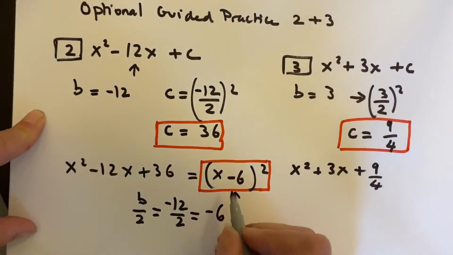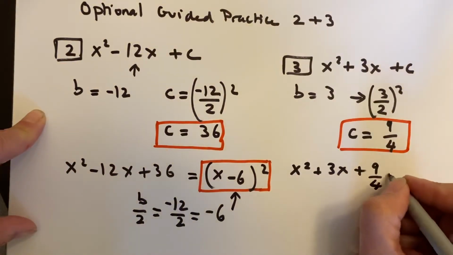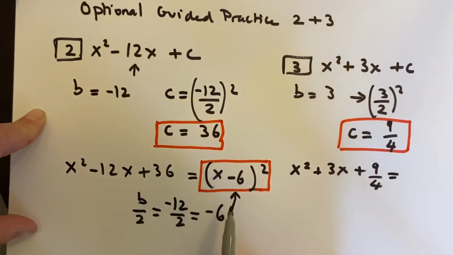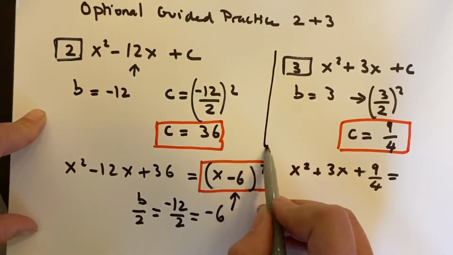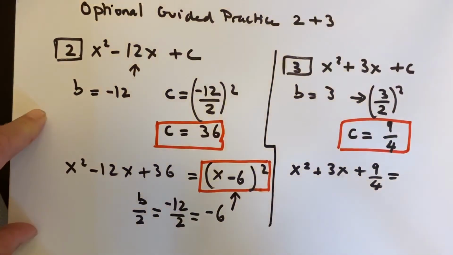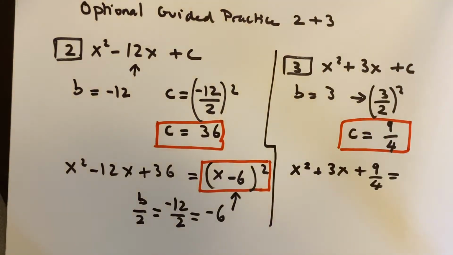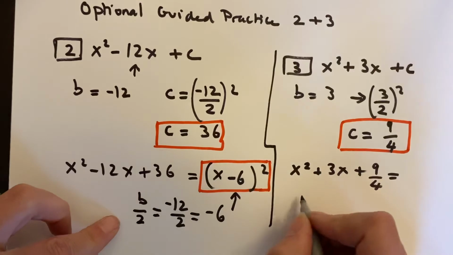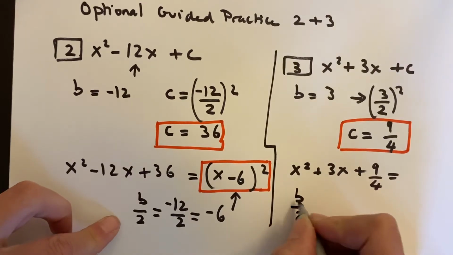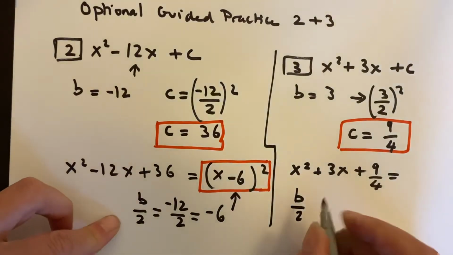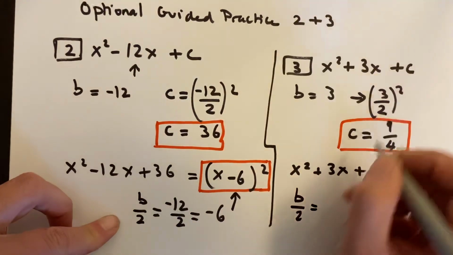Now I need to do the second part, which is I need to figure out my perfect square binomial. I'm just putting a little division so you don't mix up the problems. Well, to do that, I need b over 2. And b over 2 was up here.